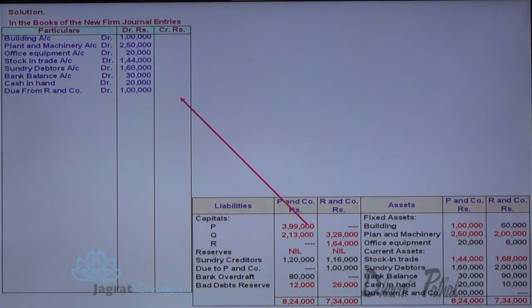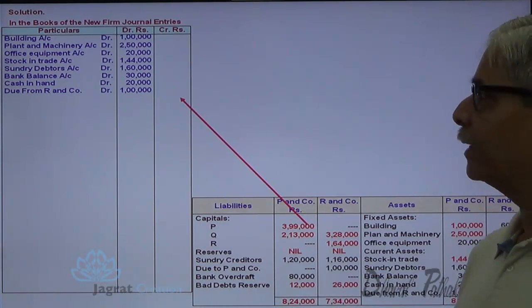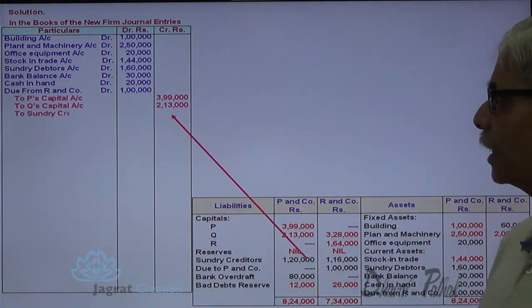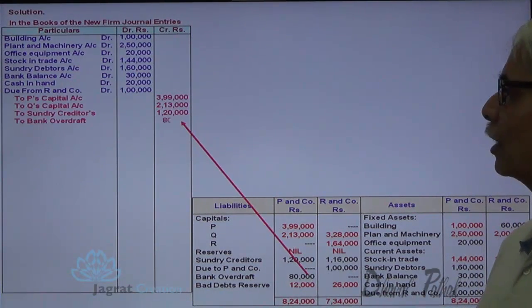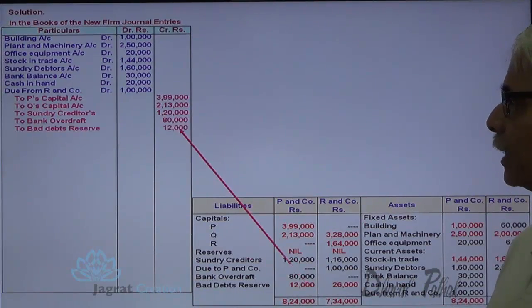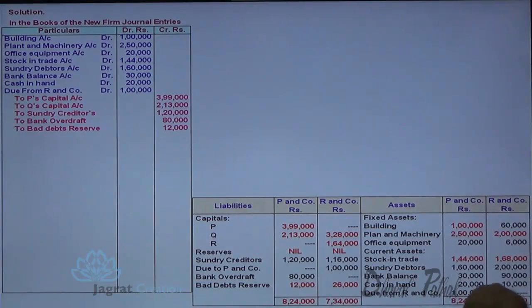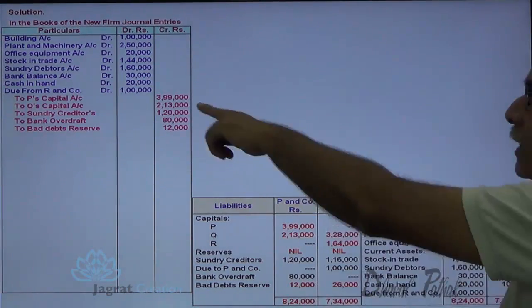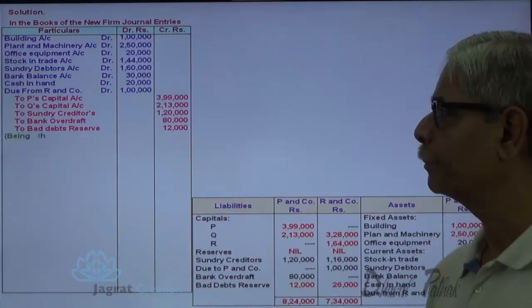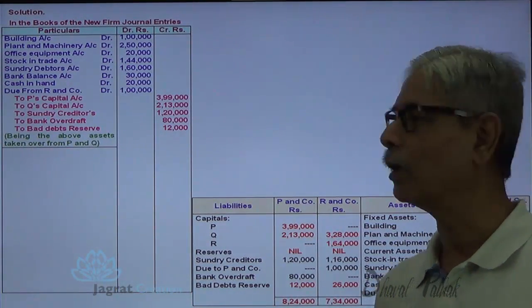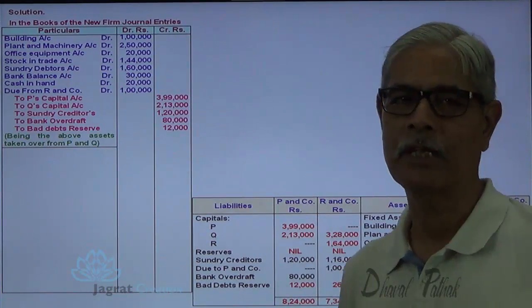To all liabilities credited: P's capital account credit, Q's capital account credit, creditors account credit, overdraft account credit, bad debt reserve account credit. So debits and credits are recorded. The total of debits is 8,24,000. Total of credits is also 8,24,000. Being the above assets and liabilities taken over from P and company. So this is the first absorption entry.